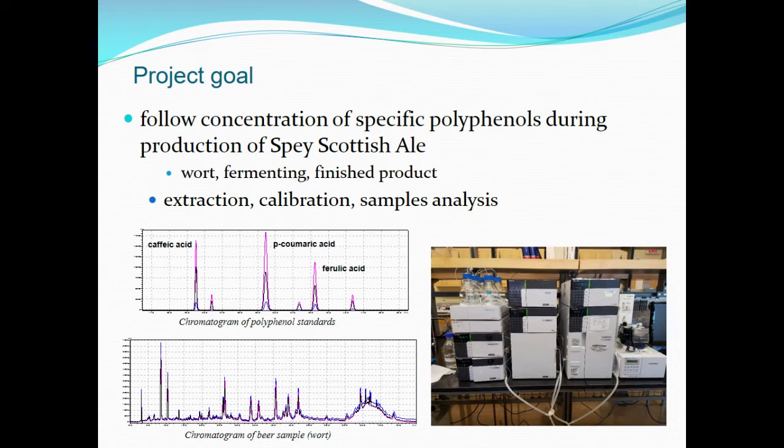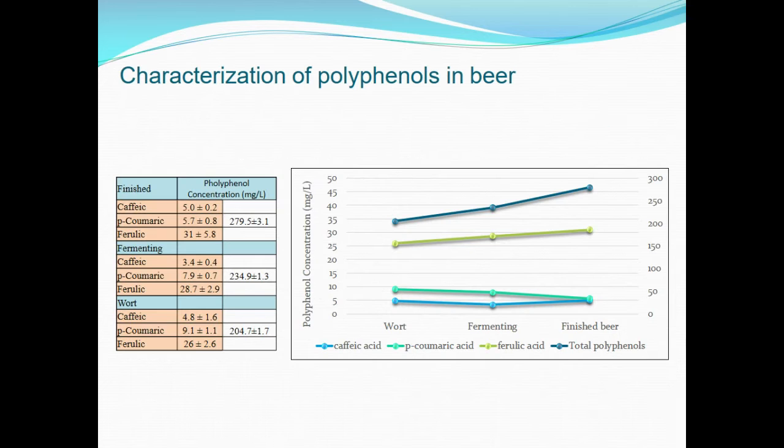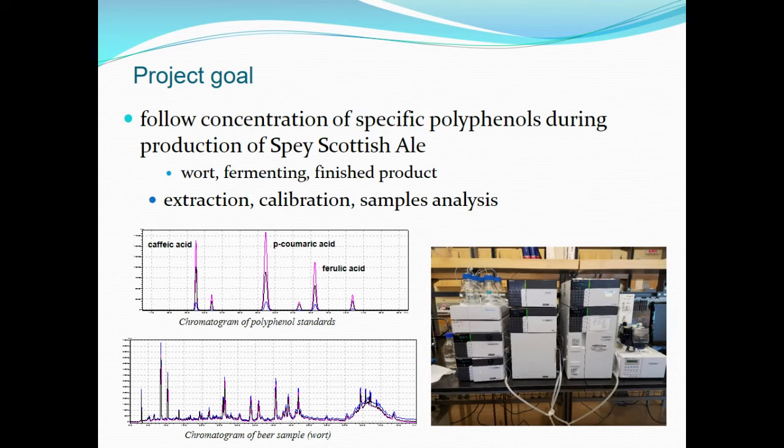We inject a sample, and then this sample travels through this column pushed by a solvent. Every time a peak comes out, that is representative of a compound. And you can even see, we injected smaller amounts and bigger amounts.